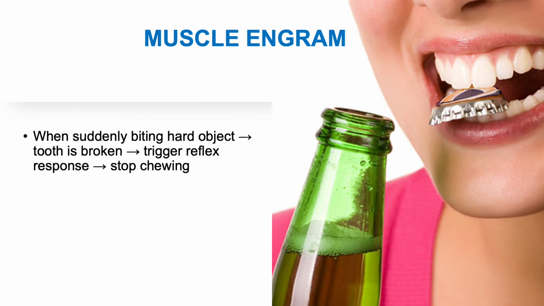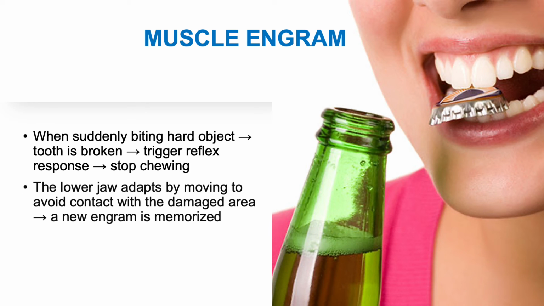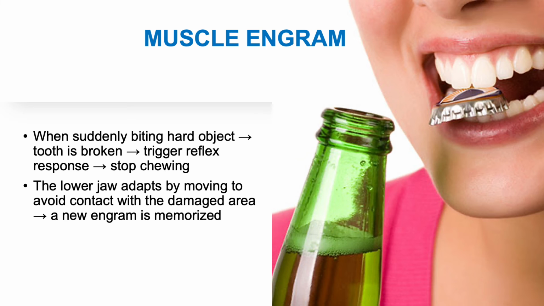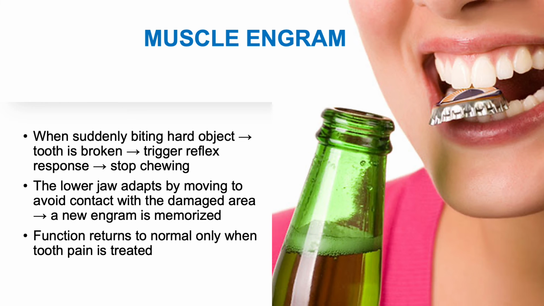When suddenly biting hard objects that break a tooth, it can trigger a reflex response to stop chewing. The lower jaw adapts by moving to avoid contact with the damaged area. At that time, a new engram is memorized. The function only returns to normal when the tooth pain is treated.